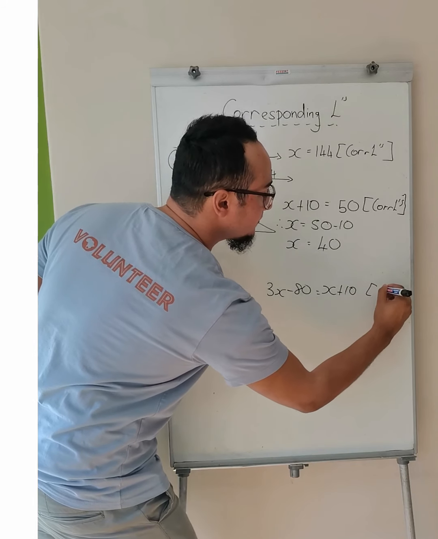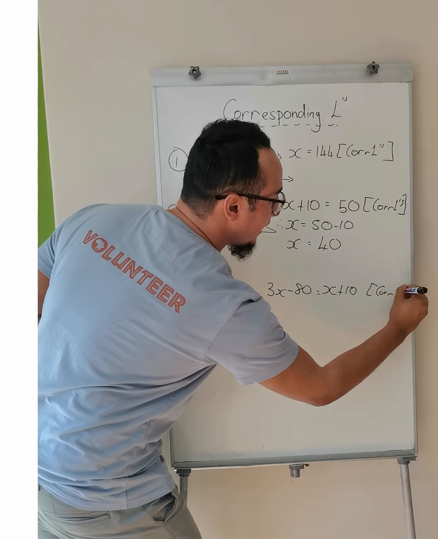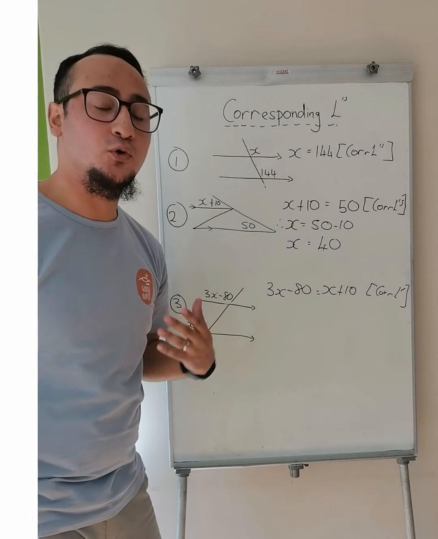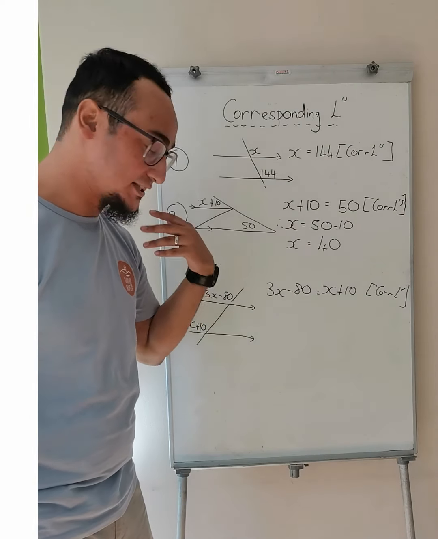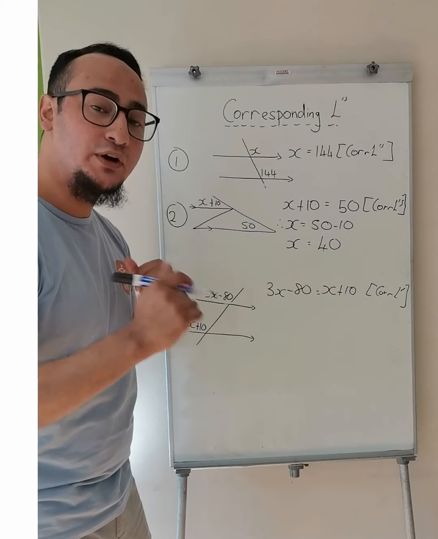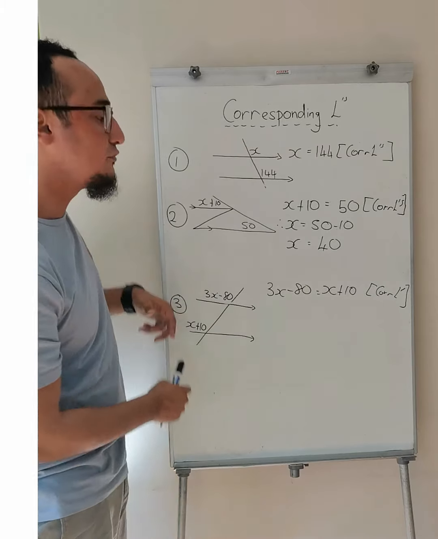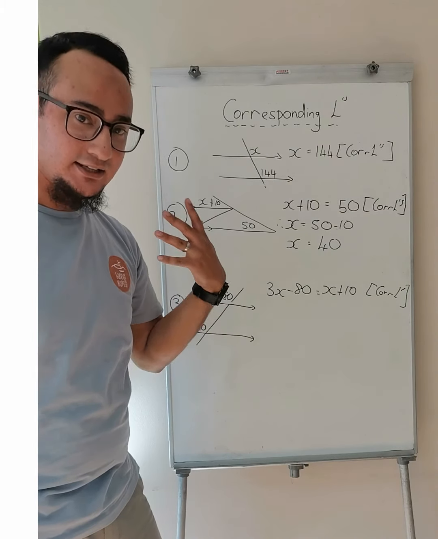How do I know that? Because of corresponding angles. Now, notice they may look different because it's both an algebraic expression. But if I solve for x and I substitute in x over here, both sides, you'll find that the amount of degrees is the same.